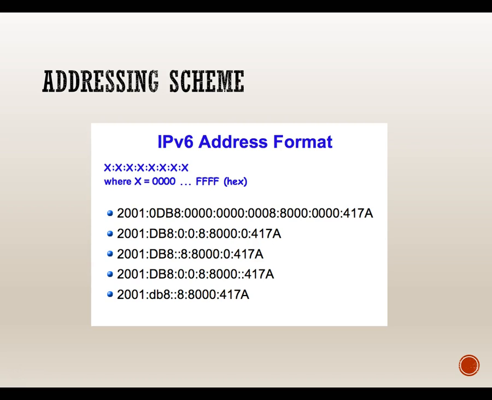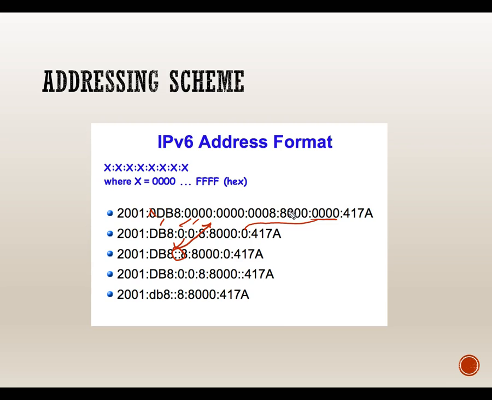Let's look at some of these abbreviations here. 2001:0db8, here we drop the leading zeros, and in this case it can be written with zeros. We could also write this with a double colon, then 8000, and then another set of zeros that we abbreviate as a 0.